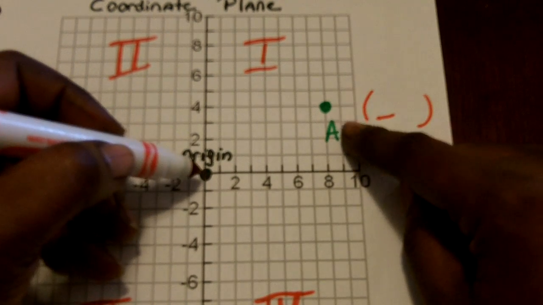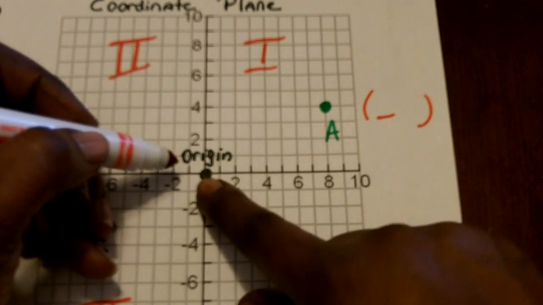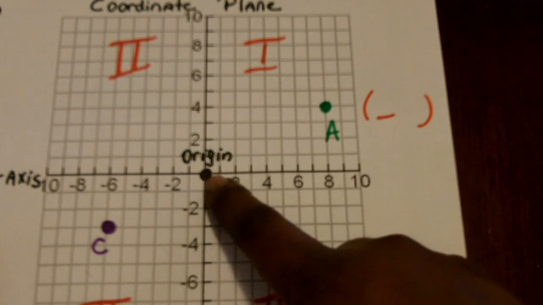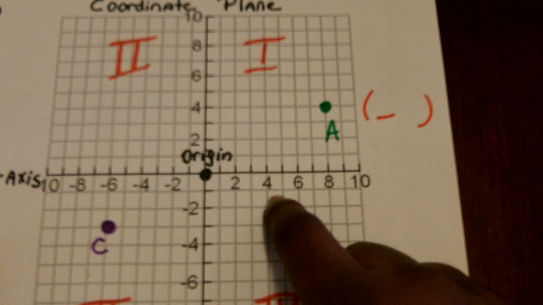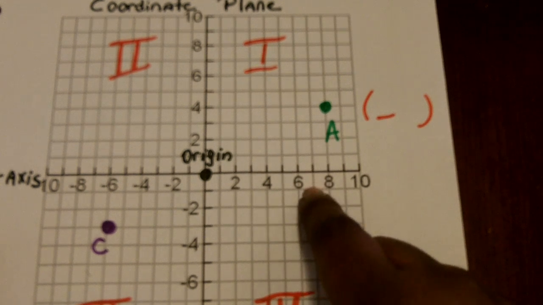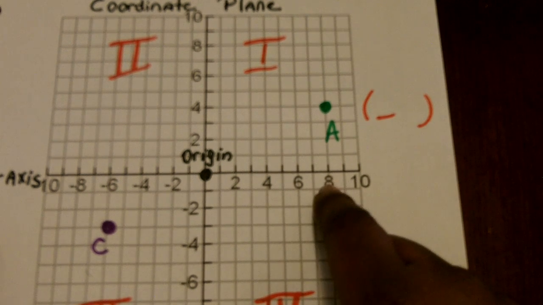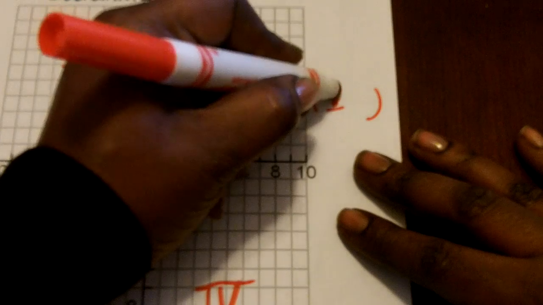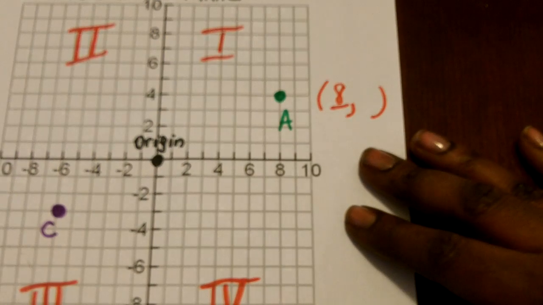So if we start with point A, from here along the x-axis, we had to move 1, 2, 3, 4, 5, 6, 7, 8 places over. And since this is a positive 8, that means that my first number in the ordered pair is an 8.